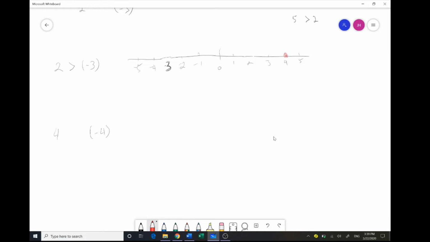That stands for positive 4 and negative 4, which is right here. Okay, again, if I ask you to make a comparison between 4 and negative 4, because positive 4 is on the right side of the spectrum, whereas negative 4 is on the left side of the spectrum, then you will know that positive 4 is always greater than negative 4.